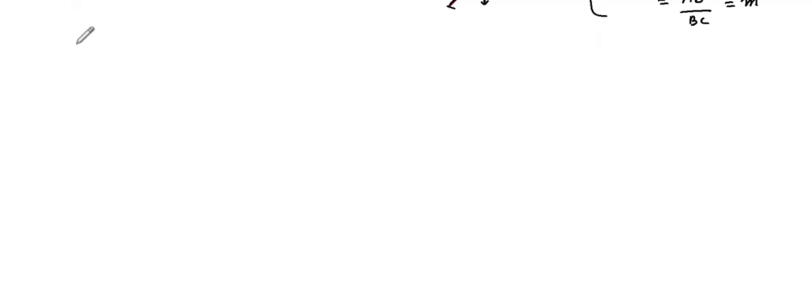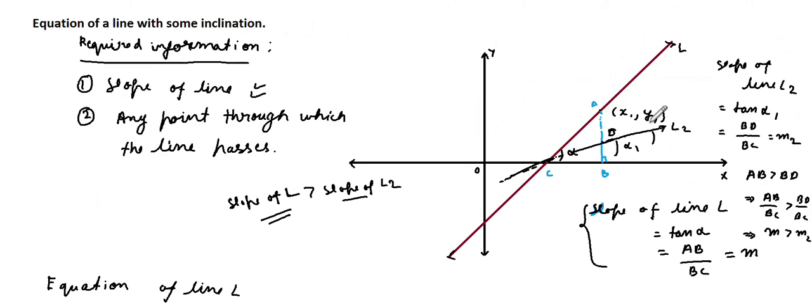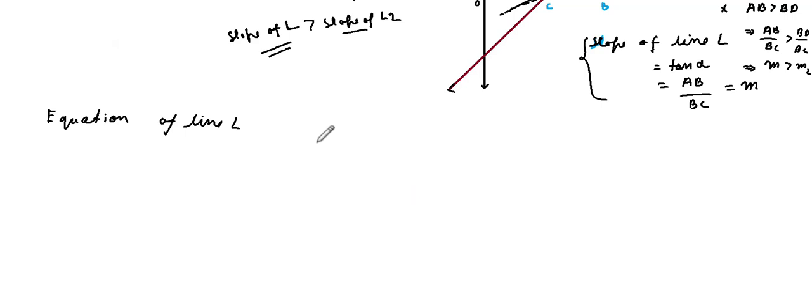So let us assume that we have to find the equation of this line L. We have taken a point here, x1, y1, through which L passes.